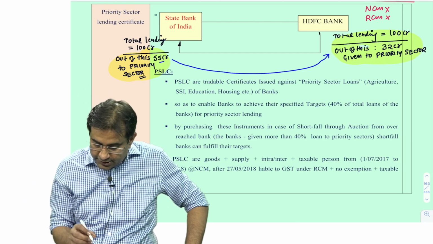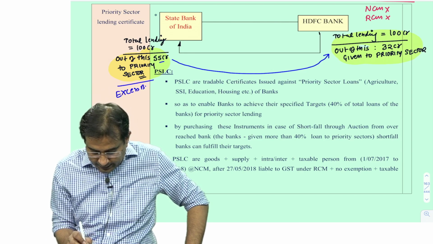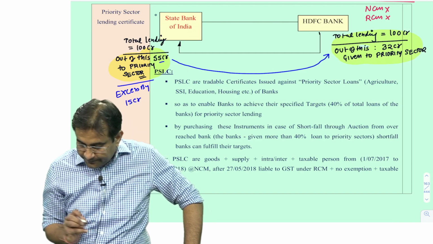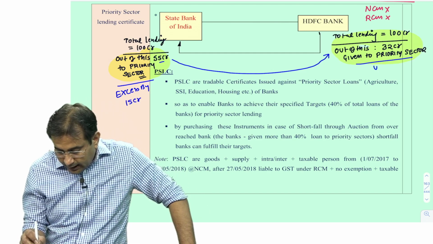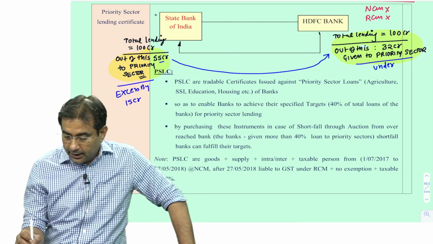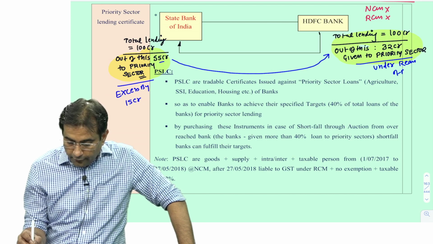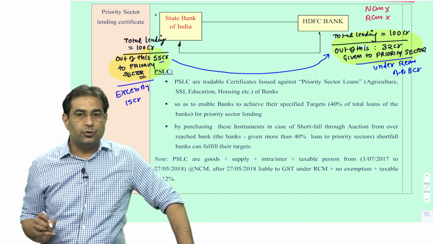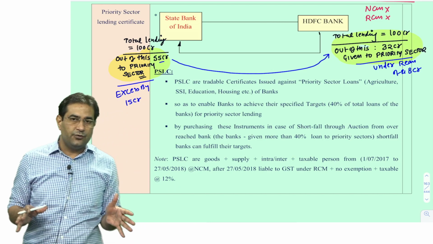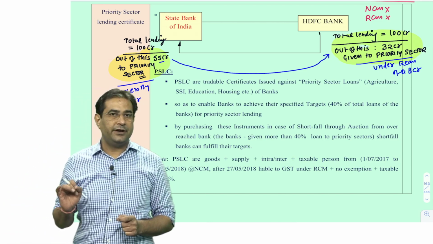It is 15 crore. It is excess by 15 crore, whereas HDFC is underreached because there is a target of 40% of total lending. Shortfall of rupees 8 crore. So in such a situation, HDFC would buy PSLC certificate from the State Bank of India.